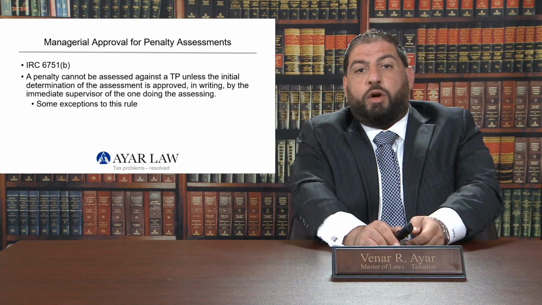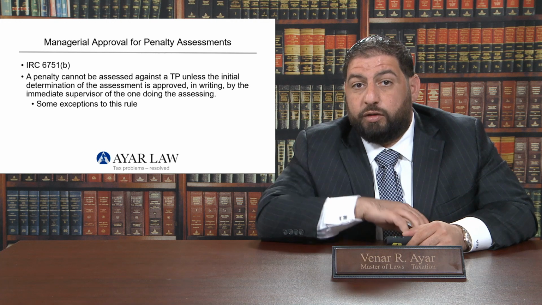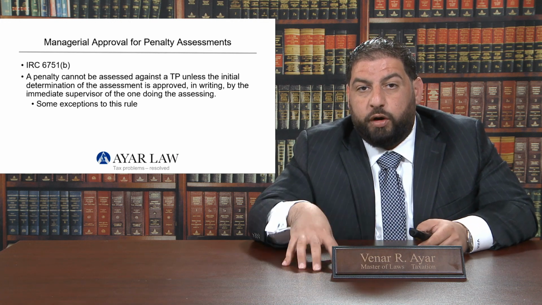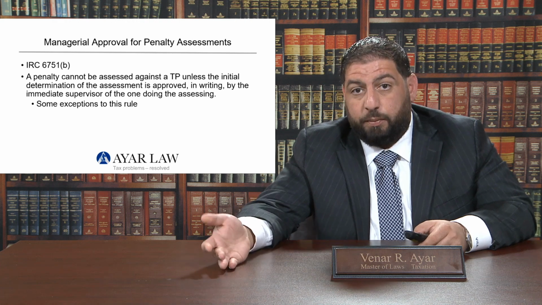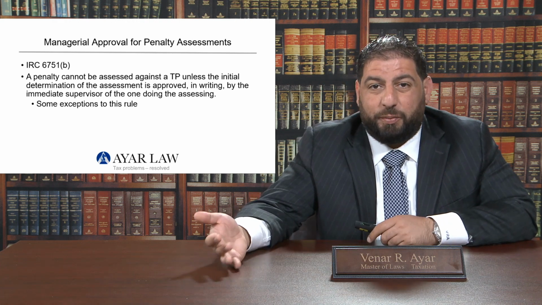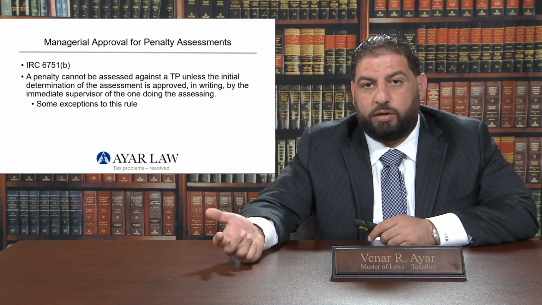An important thing to remember about penalties, which was reminded to all of us recently in the Graev case, is that manager approval is required for discretionary penalty assessments. It doesn't apply to audit. Some penalties are just automatically assessed by the computer, for example, a late filing penalty.